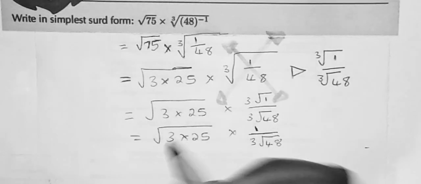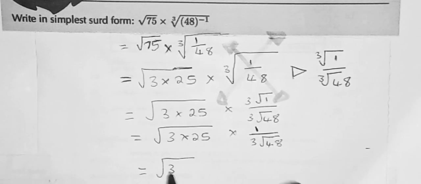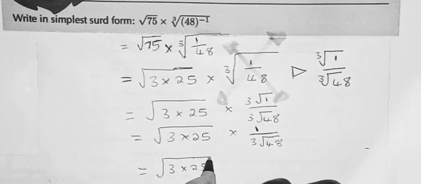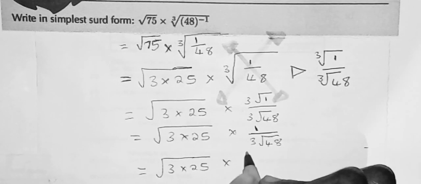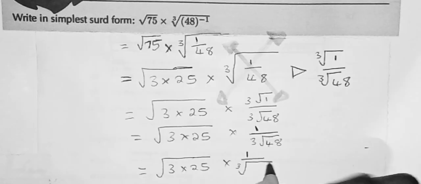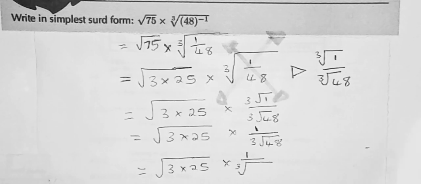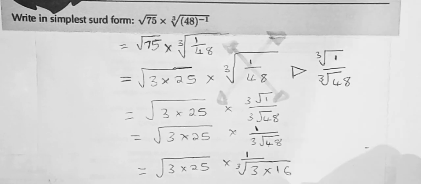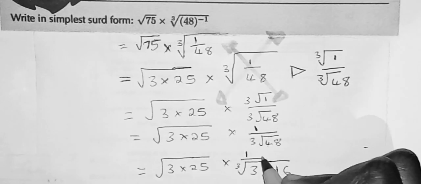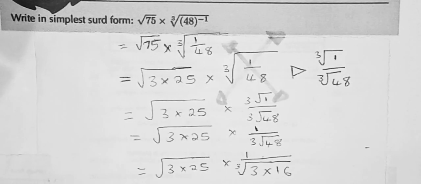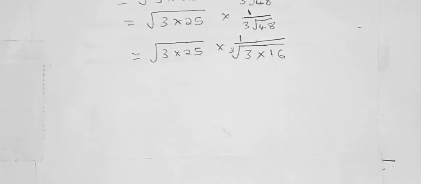We're moving on with 3 times 25 and then times 1 over the cube root of 48, and 48 factorizes as 3 times 16.